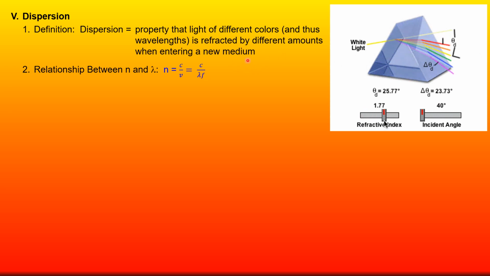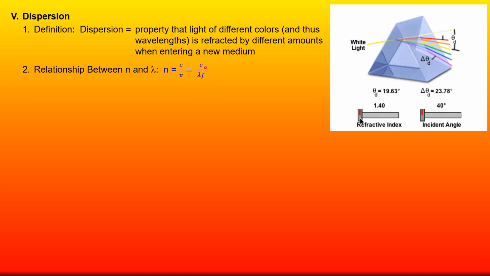Remember we said in a previous slide that there is an inverse relationship between the index of refraction and the wavelength. The definition of the index of refraction is n = c over v, c the speed of light in vacuum, v the speed of light in the material, and according to the wave equation, v equals lambda f.